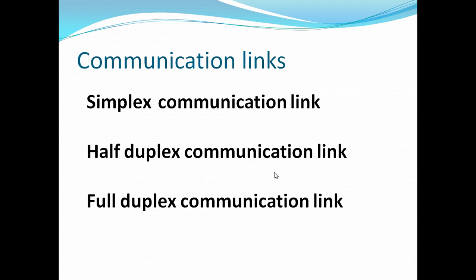In half duplex communication, we can transfer in both ways, but only one operation at once. That means we can either transmit or receive the data in serial manner between transmitter and receiver.